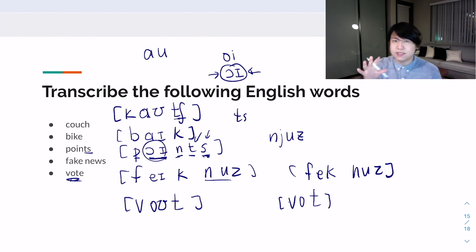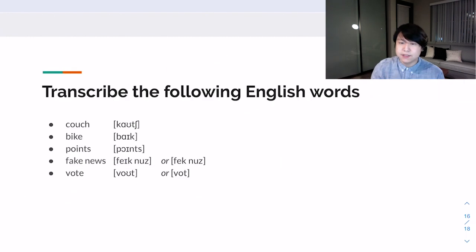When it's a monophthong, there's no change in your tongue. The vowel does not change. So that's the difference. So this is the correct answer: couch, bike, points, fake news, vote.